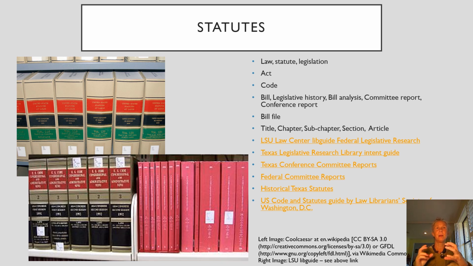So some acts are very complicated and very large. Like the Patriot Act, I've used this as an example before, but it's not something that you can just read. If you go and pull the Patriot Act and you start reading it, it's just a bunch of amendments to existing laws. So it doesn't make sense. You have to know the context.